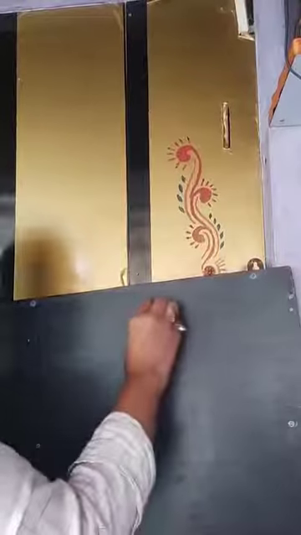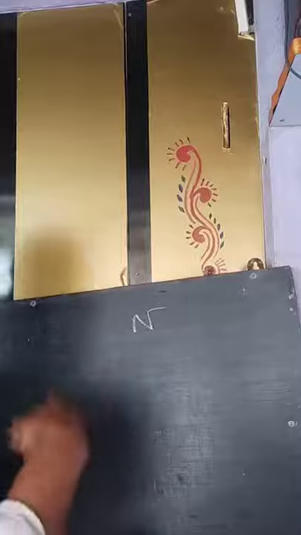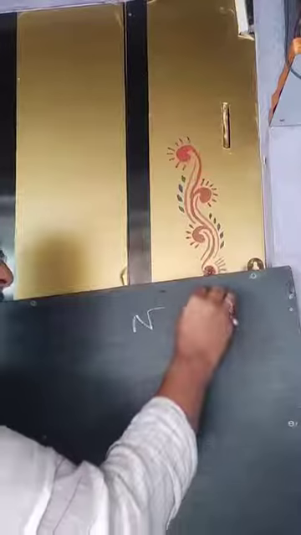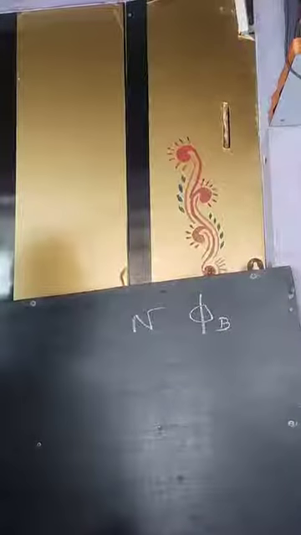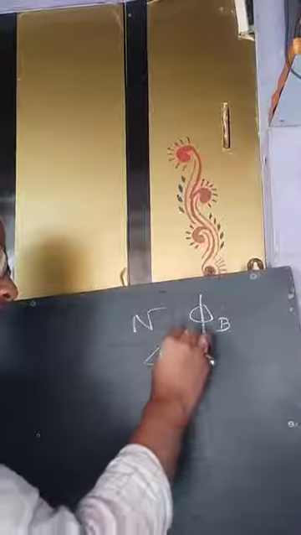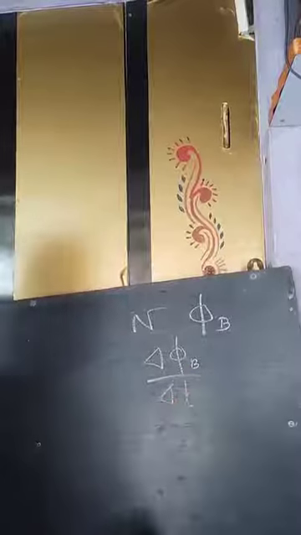First I will discuss what we mean by induced current. If a coil has N turns and the magnetic flux is phi B, then the rate of change of magnetic flux can be written as d phi B by dt, right?